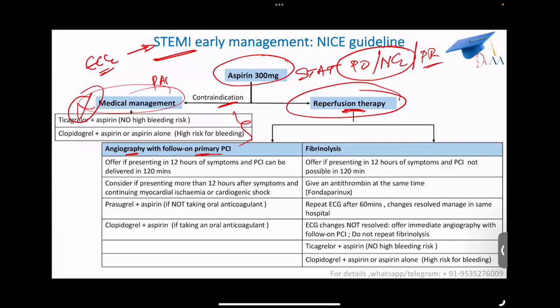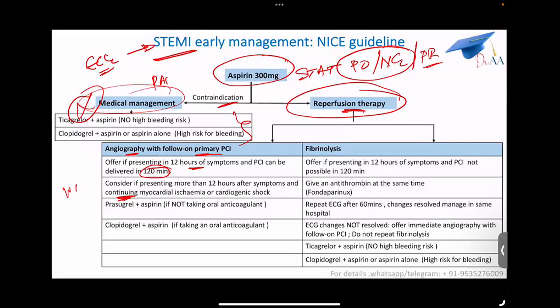Any patient who presents within 12 hours of onset of chest pain, or has ongoing chest pain continuing even after 12 hours, and if you're able to deliver angiography within 120 minutes, then he should get an angiography within 120 minutes.